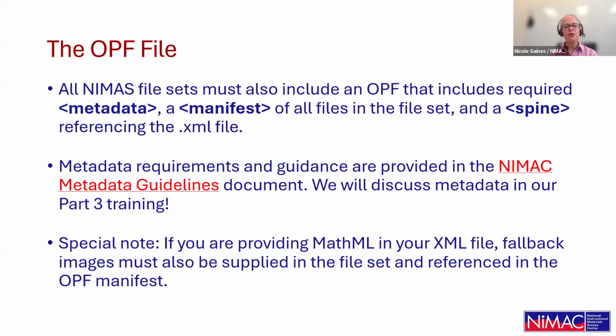The three essential pieces to the OPF are the metadata section, a manifest section, which is basically a list of all the files in the file set, and then a required spine section that just references the XML file in the file set. Those metadata requirements are provided in the NIMAC metadata guidelines, and hopefully you can join us for part 3 of this series to get more information about that.